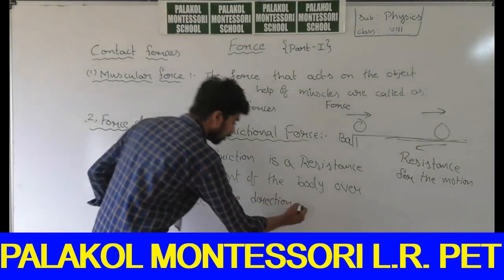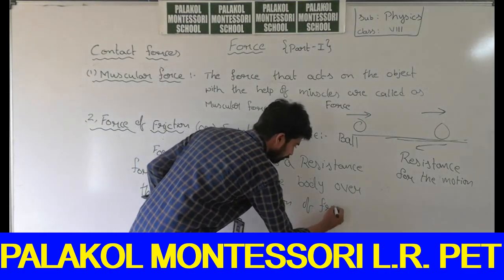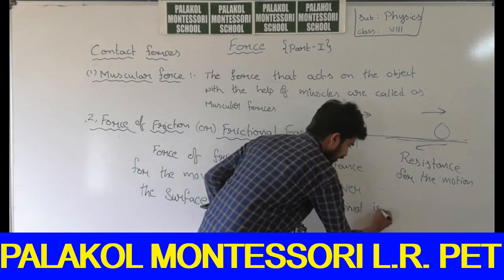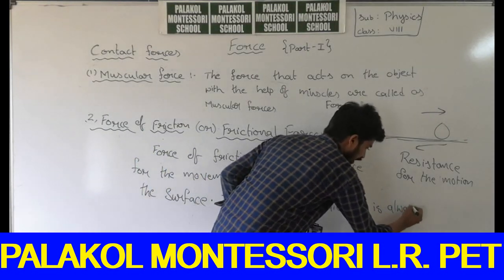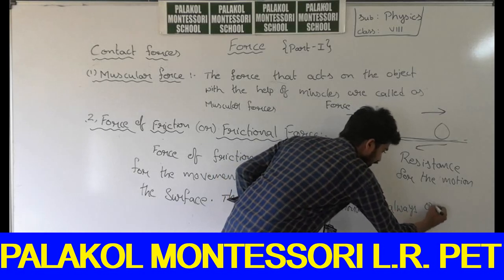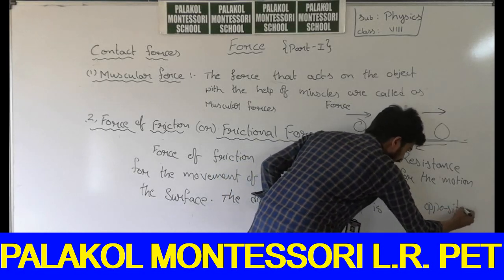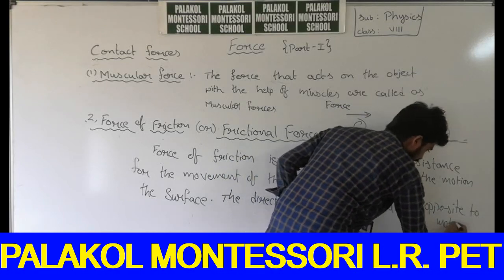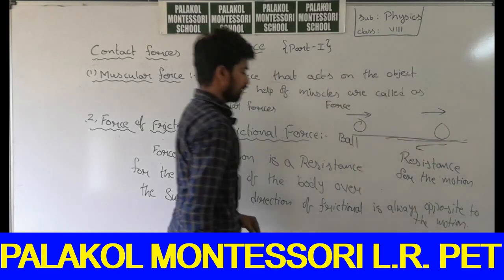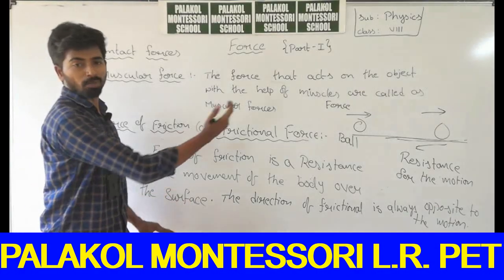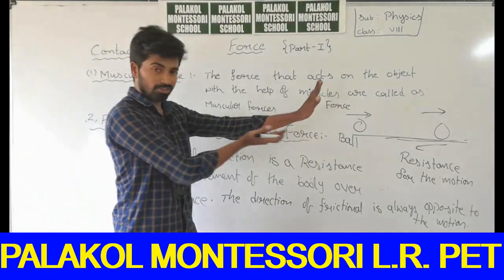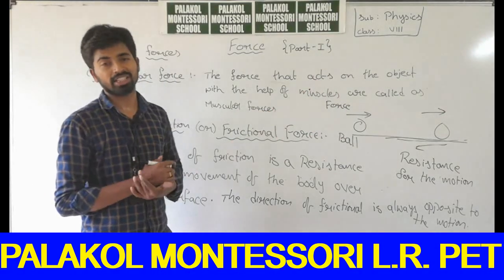The direction of frictional force is always opposite to the motion. If the ball is moving in this direction, the frictional force will be opposite to its direction of motion.